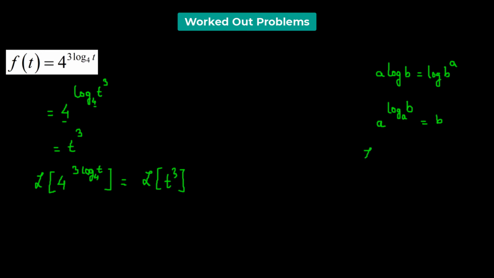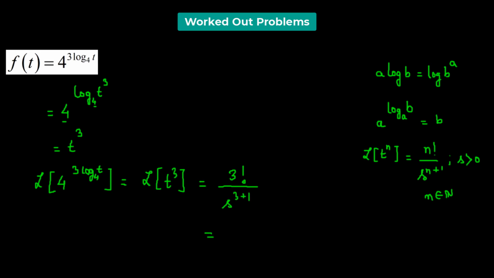We know that the Laplace transform of t raised to the power of n is given by n factorial divided by s raised to the power of n plus 1, where s is greater than 0 and n is a natural number. Here we have t cubed, 3 being a natural number, so this will be equal to 3 factorial divided by s raised to the power of 3 plus 1.